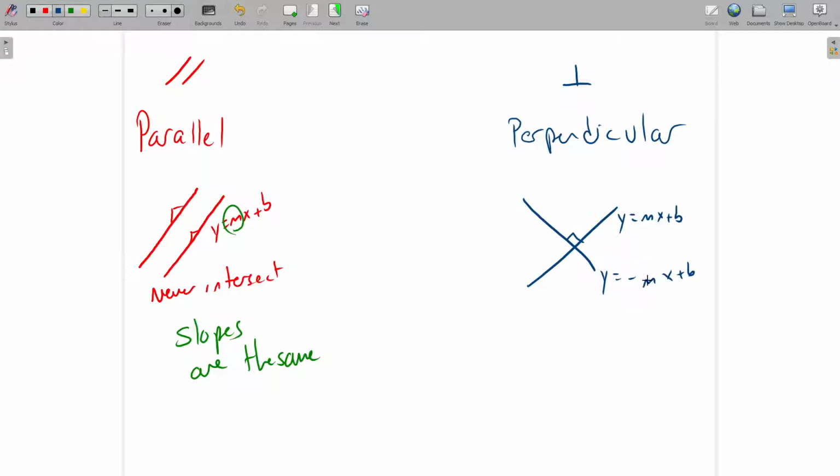We need not only the negative for the slope, we need the negative reciprocal, which just means that we're going to take m, whatever our slope is, and we're going to put it in the bottom of a fraction where the numerator is 1. So parallel is pretty straightforward. The slopes of the two lines are the same, but perpendicular, the slopes of the two lines are opposite reciprocals. All right, and this will be easier to understand once we start looking at a few examples.